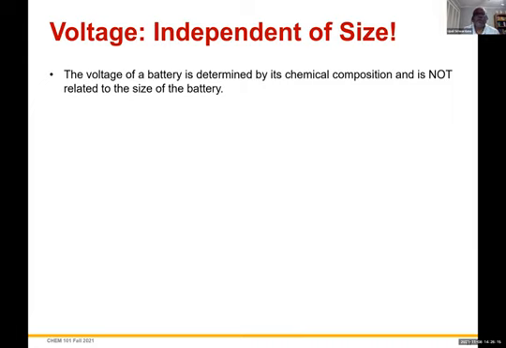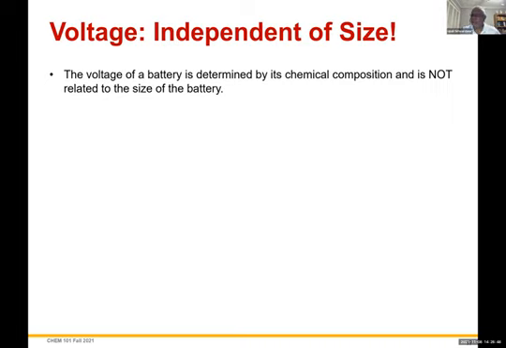The voltage of a battery is determined by the chemical makeup, not the size of the battery. All the batteries have the same voltage, but the bigger the battery, the more capacity it has. So for example, flashlights use D batteries or AA batteries, AAA batteries.